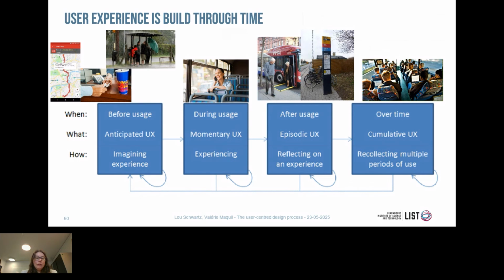But the experience also continues when they are off the bus. For example, is there an access ramp for people with reduced mobility, or a nearby bike station to finish their journey just around the corner?